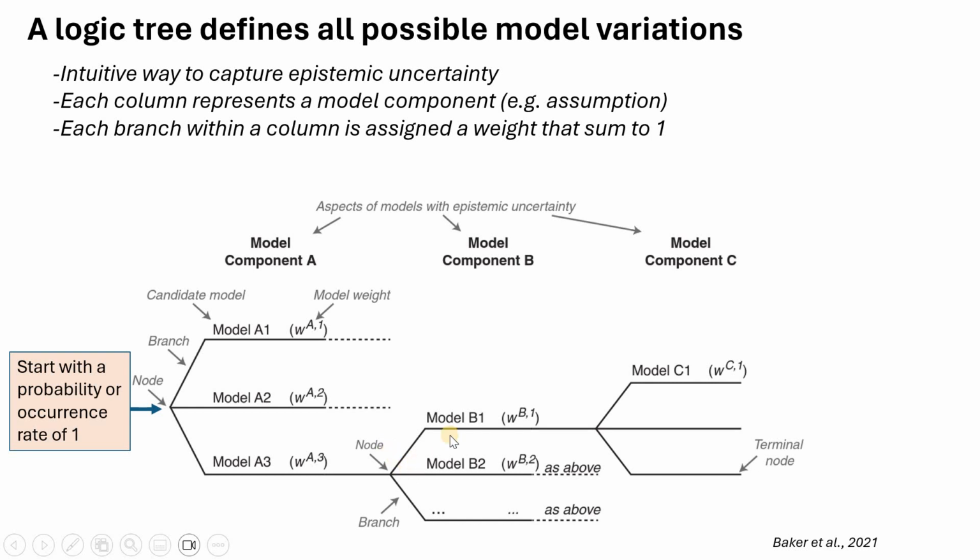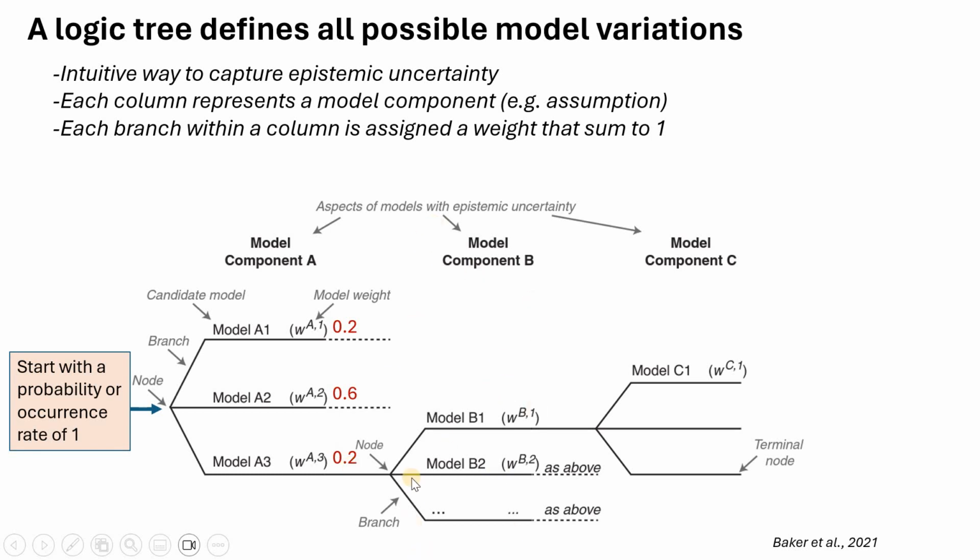Next model component might be, what's the slip rate on each of these faults? Next model component might be, what's the ground motion? So we run through each of these different models, and it lets us assign a relative uncertainty to each choice. So here we might say there's a 20% chance of model A1, 60% chance of A2, and 20% chance of A3.